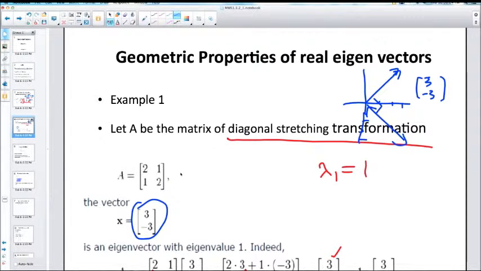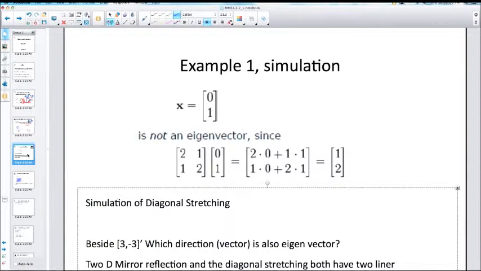If you look at another one, the red one, which is 1, 0, and 1, you can see the 0 and the 1 is that red vector. 0, 1 is the upright direction.